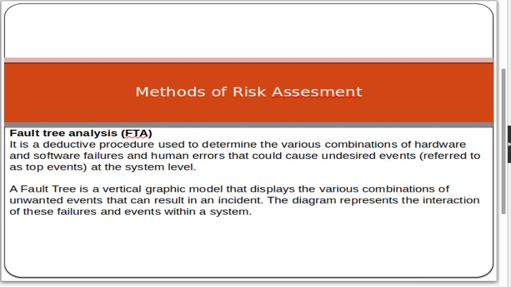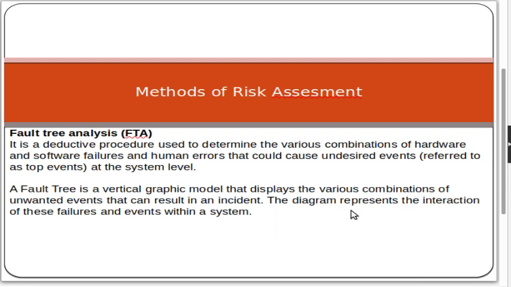Then fault tree analysis. It is a deductive procedure used to determine the various combinations of hardware and software failures and human errors that could cause undesired events at the system level. A fault tree is a vertical graphical model that displays the various combinations of unwanted events that can result in an incident.